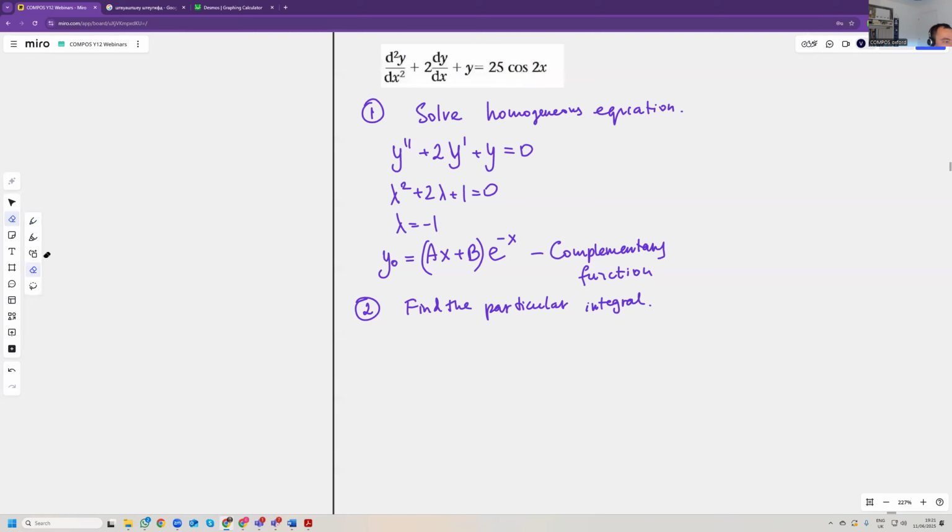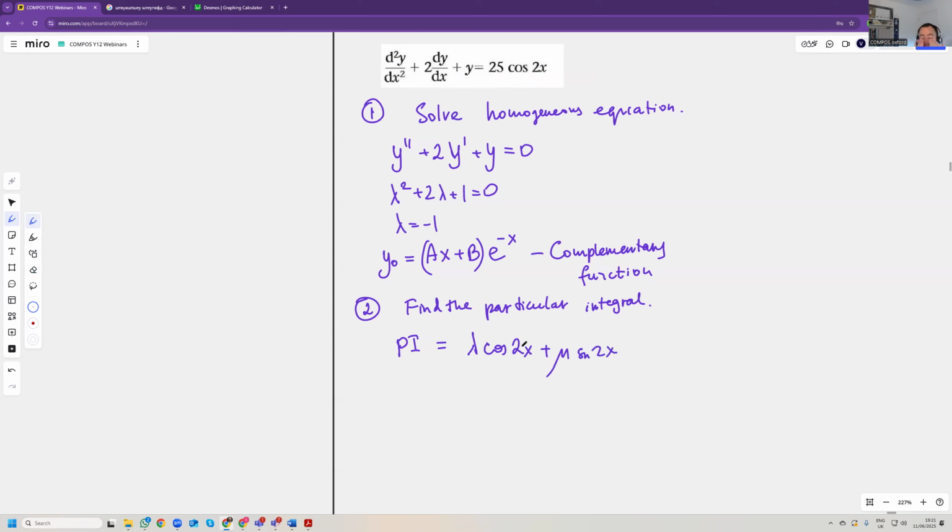So what do I mean by particular integral? The particular integral, in this particular case, is lambda cos 2x plus mu sine 2x.